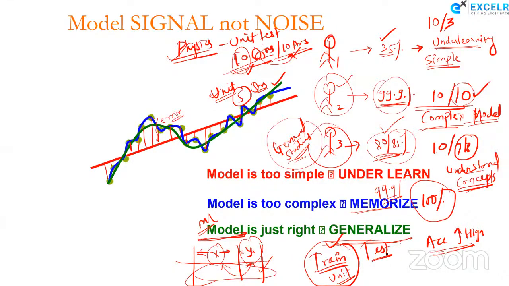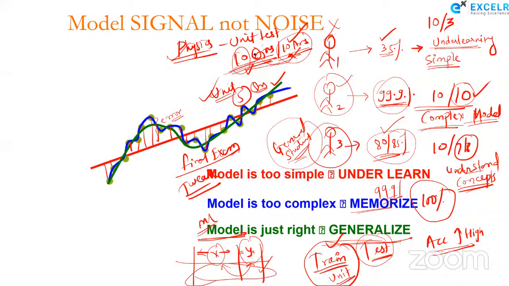But in the test phase, just as in the unit test you pass with good numbers because you know both questions and answers, in the final exam I will tweak the questions. I will not ask them in the same format. I will change the format, though the answers remain the same, such that if the student has really understood the concept, he should be able to answer; otherwise he will fail miserably.